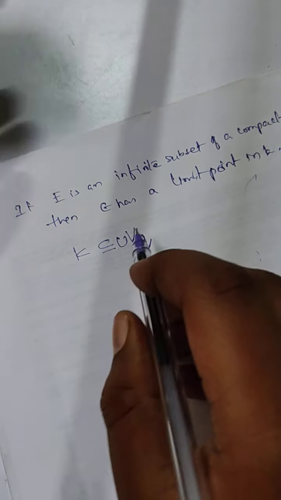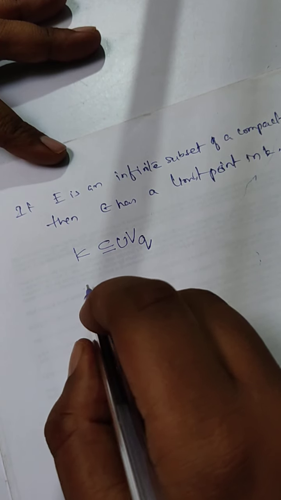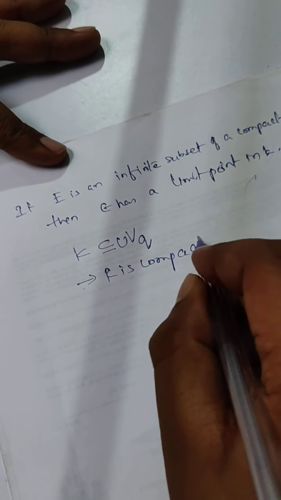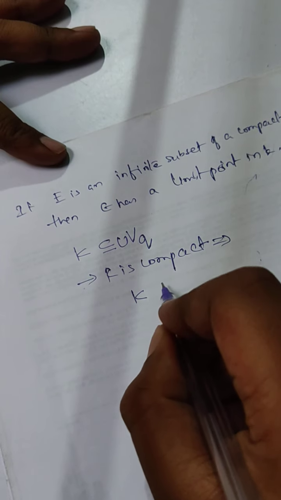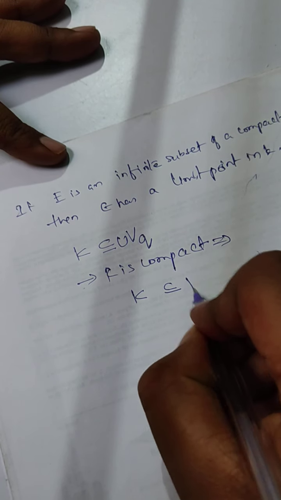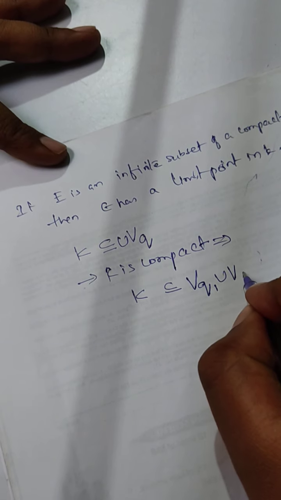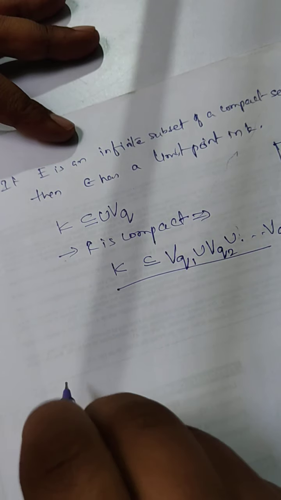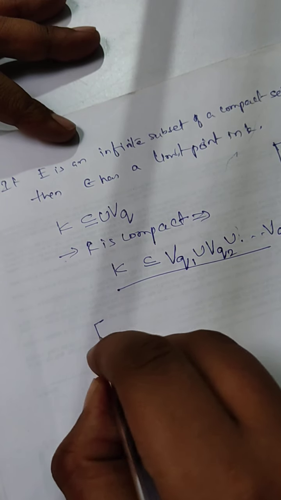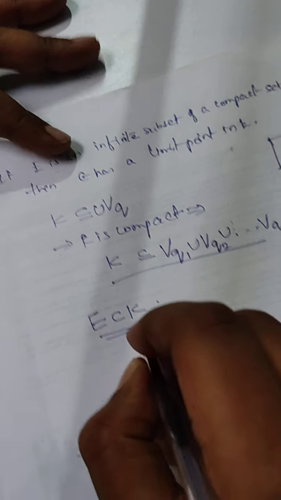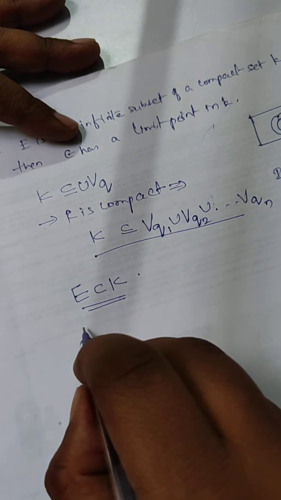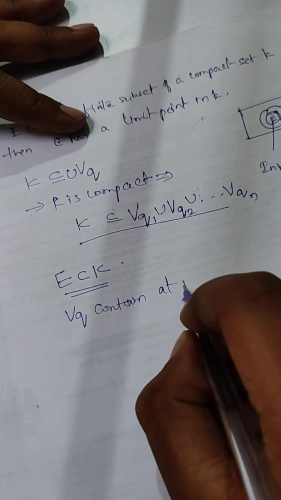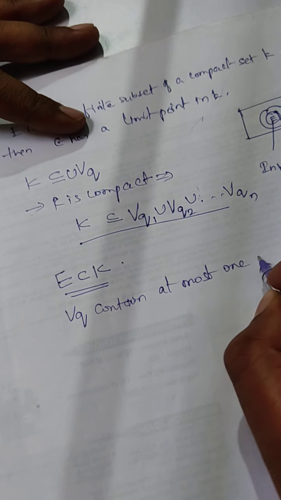It will become an open cover for K. Hence K is compact, which implies K can be covered by finitely many open sets V alpha 1 to V alpha N. Alright, we got a finite subcollection, and E is a subset of K, we know. And we know that each V alpha contains at most one point of E.